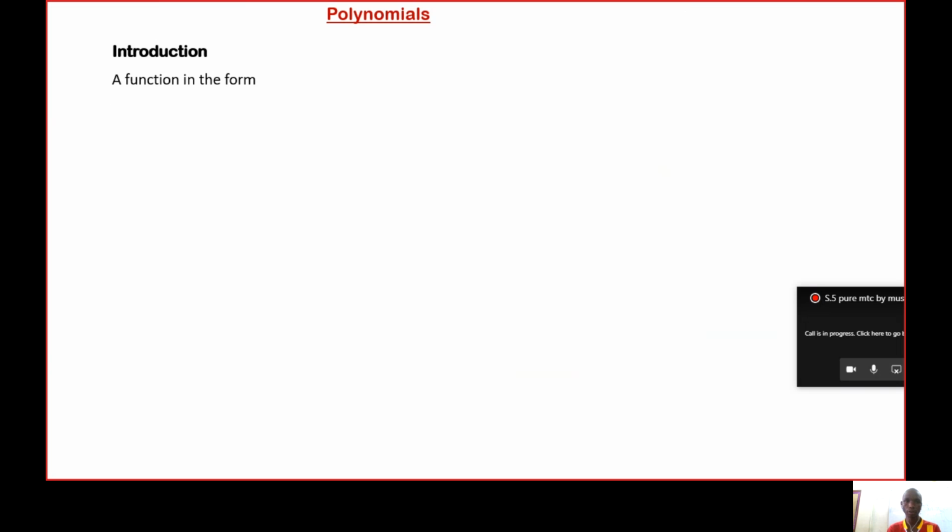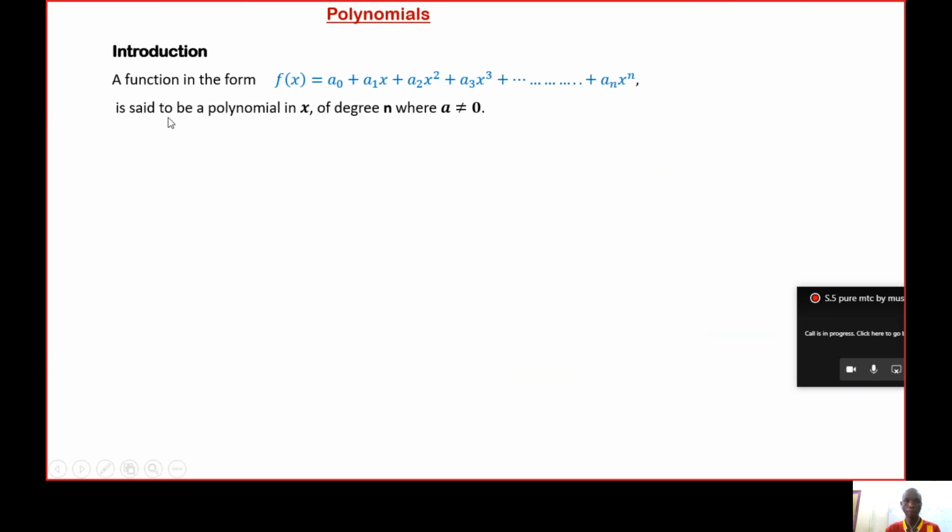When you go to the introduction part, we are saying a function in the form f(x) = a0 + a1x + a2x² + a3x³ + ... + an xⁿ is said to be a polynomial in x.